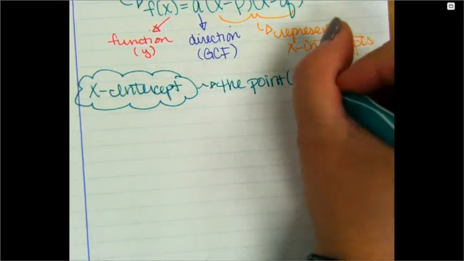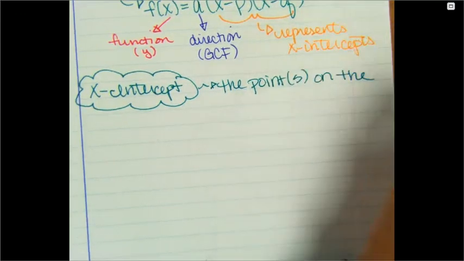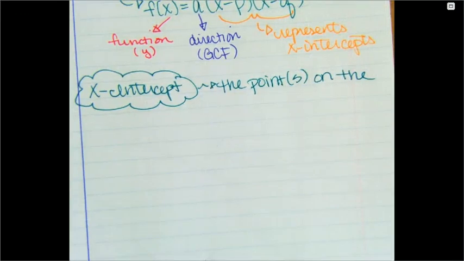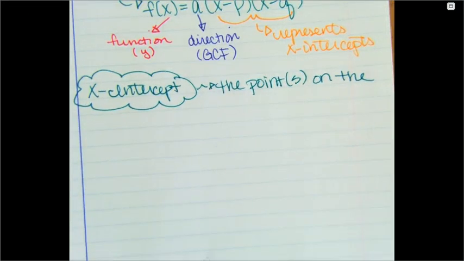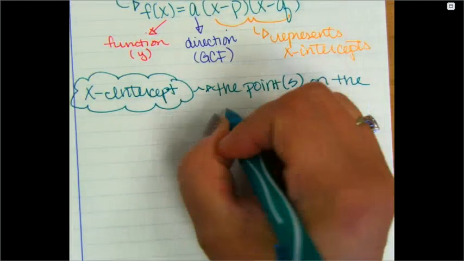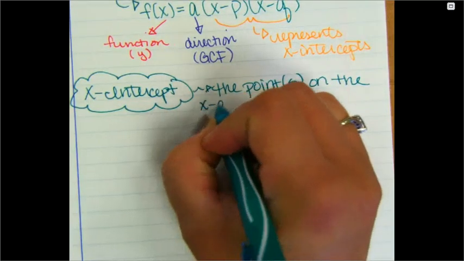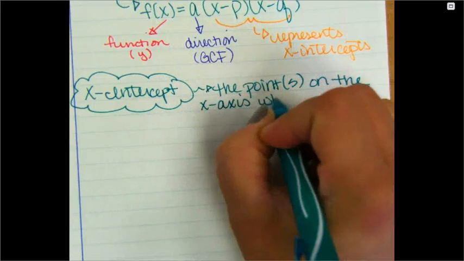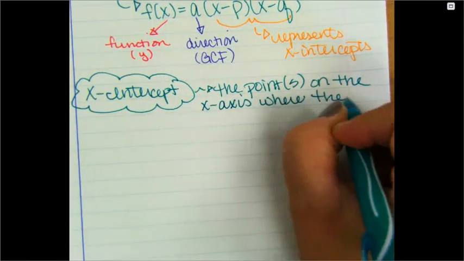Did you do your task, the one we did in class together? Your quadratics. Do you remember plugging in points? Do you remember how many times it touched the x-axis? Twice. So it's the point or points on the x-axis where the graph touches.